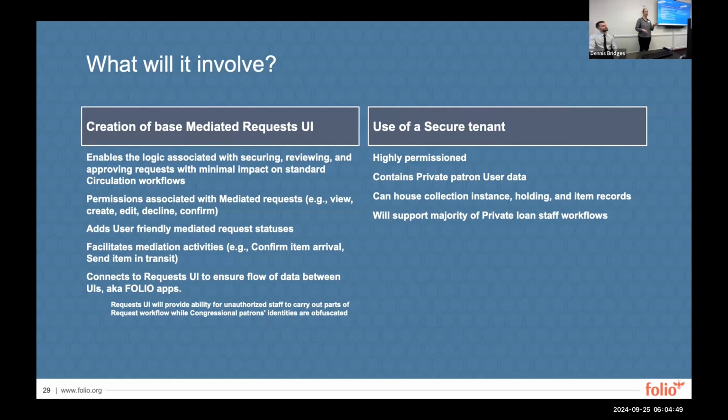And then we are able to facilitate the obfuscation of user data so that individuals working in the circulation apps in the central tenant will be able to go to the shelf, pull the material from the shelf, and not see that Senator Elizabeth Warren has requested this particular item.